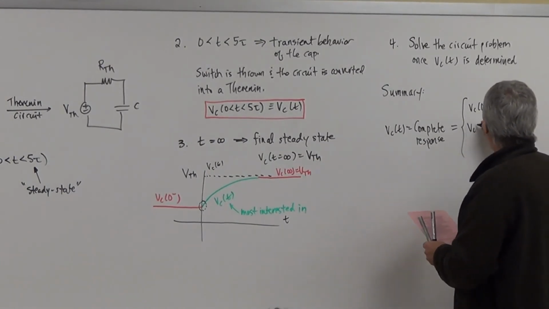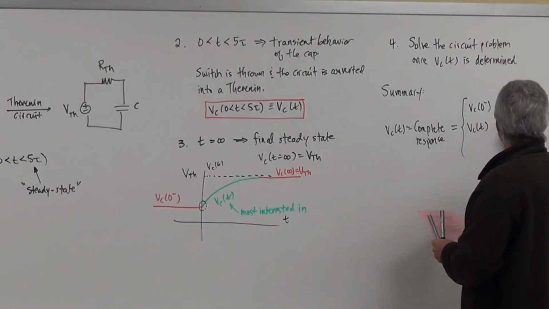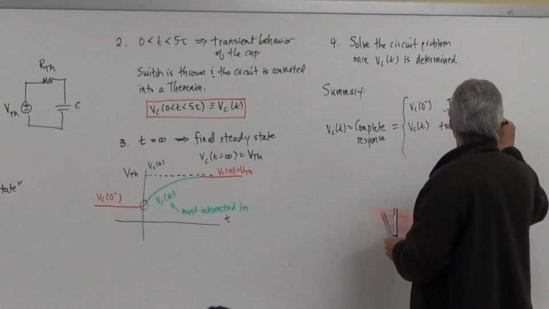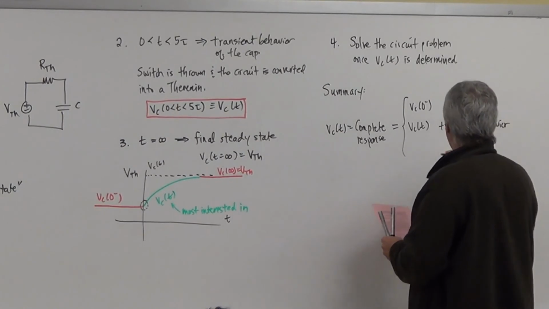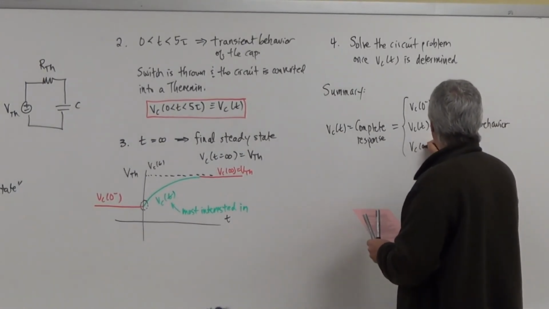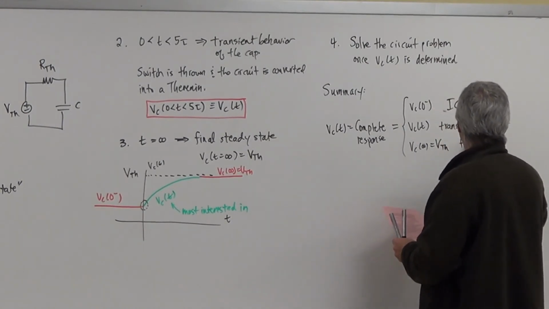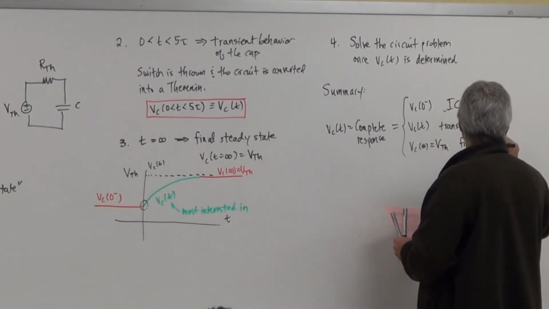And then I get this guy here, which is the transient behavior. And then I get VC of infinity, which then gives me VTH, which is its final steady state.